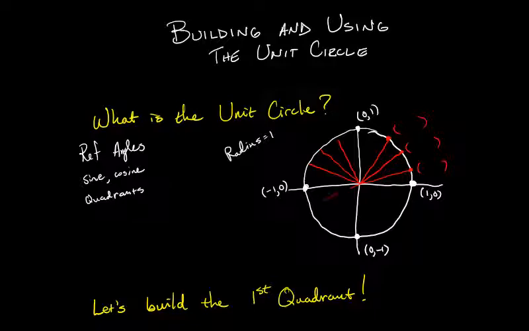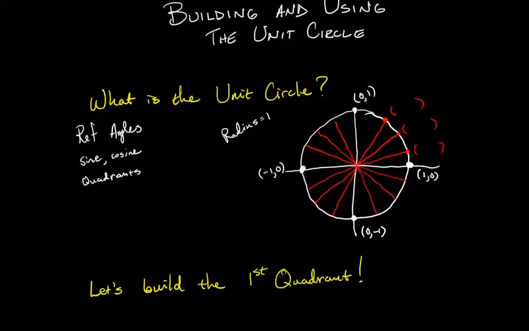I'm going to teach you how to build that so that you can use it to help you evaluate a trig function like cosine of 3 pi fourths. The unit circle will direct your attention to the answer rather quickly. If you get familiar with the unit circle, evaluating specific trig functions with the appropriate reference angle will go quicker.